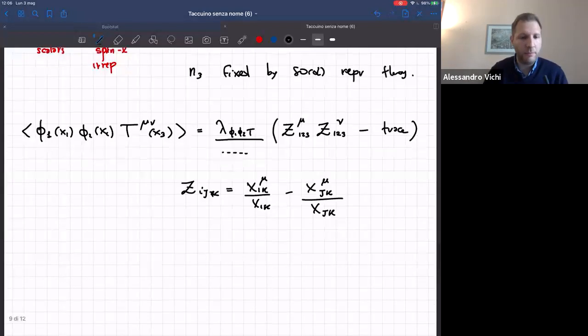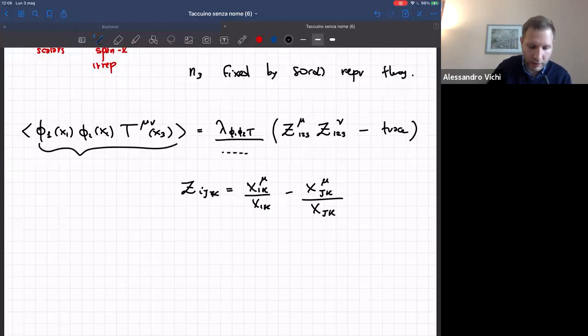And as I was saying, the normalization of the tensor structure is such that the Ward identities are satisfied. And if the Ward identities are satisfied, it means that this three-point function here is related to the two-point function where there is no stress tensor insertion, phi1 phi2, which we saw has to be diagonal, so it's delta phi1 phi2.